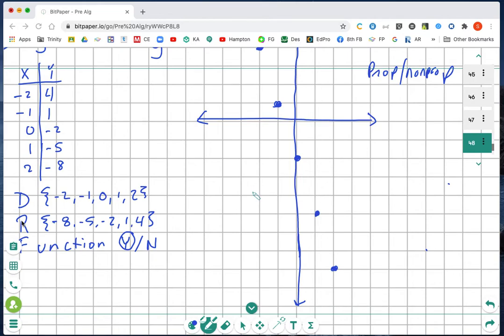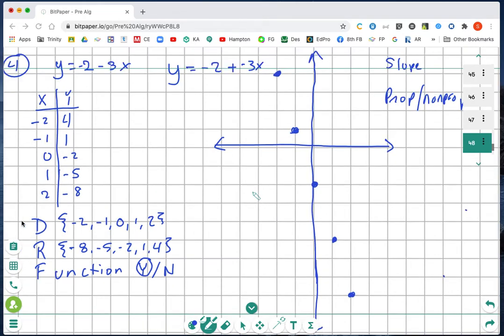I'm going to go ahead and draw my line. And you're doing this on graph paper, so you have plenty of room.